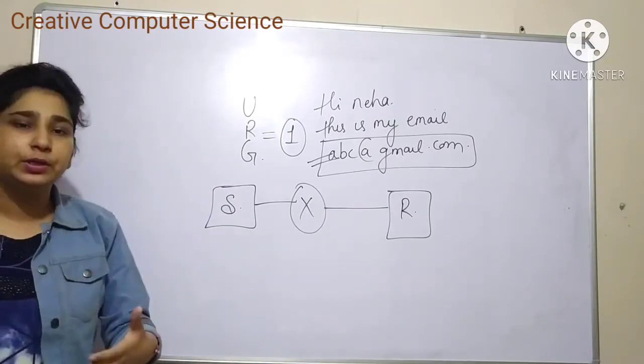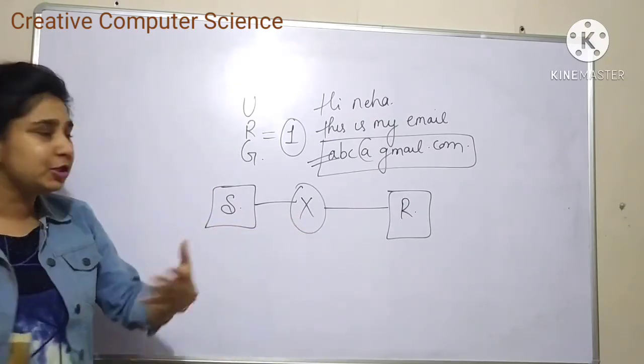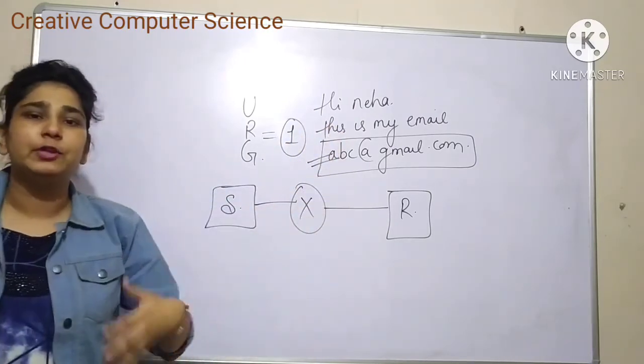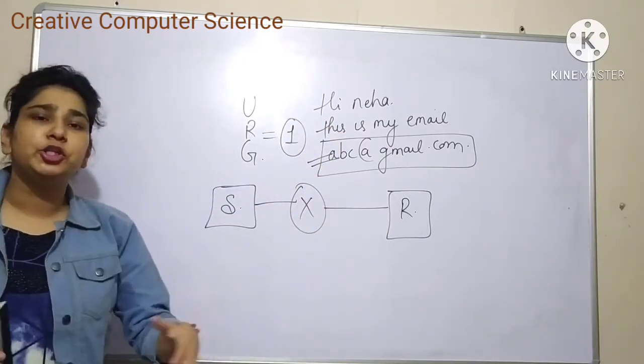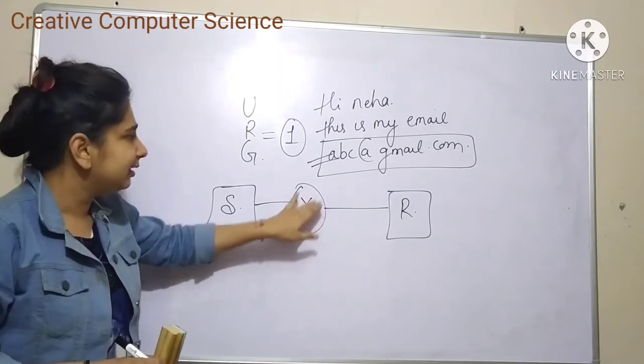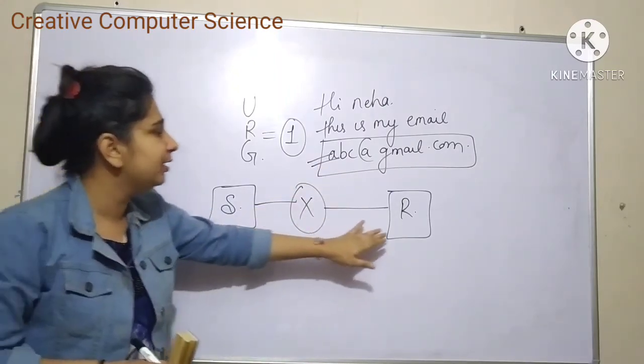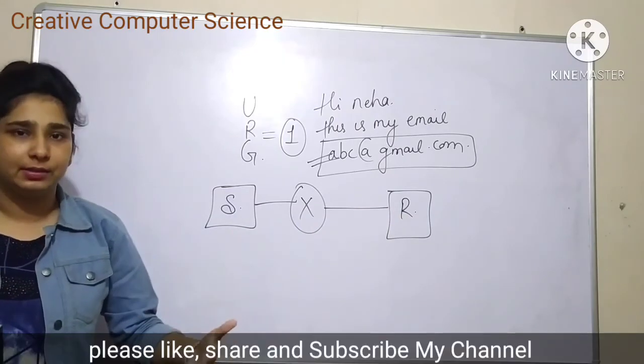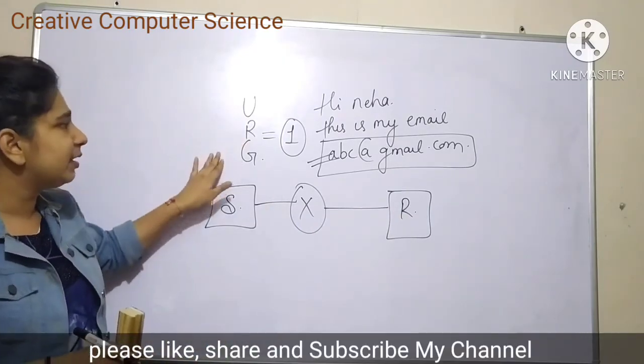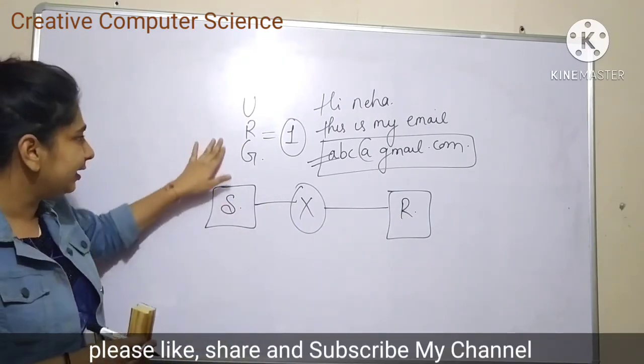Then what would the router do? The router is going to fetch that urgent data of the message and prioritize that data. It will send that data to the receiver at priority. Okay, so that is the basic idea of the urgent field.